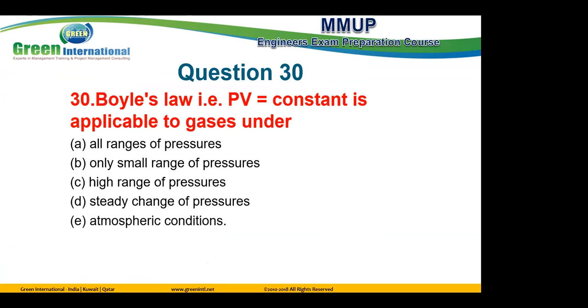Boyle's law, that is PV equals constant, is applicable to gas under: all ranges of pressure, or a small range of pressure? I'll check the chat. Actually, it's B, correct, not A.